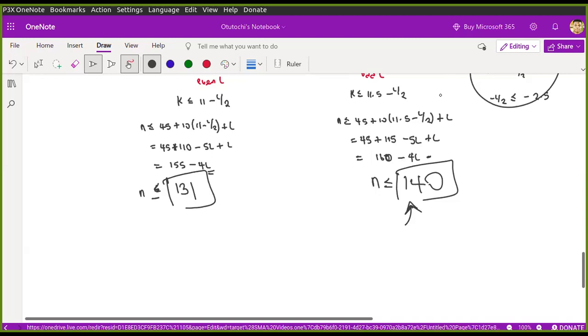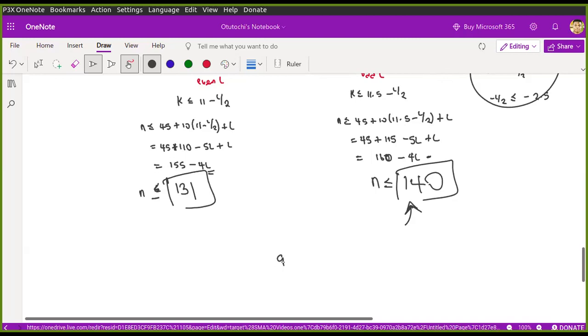So check when L is 5. When L is 5, minus L over 2 is minus 2.5, so K is equal to 11.5 minus 2.5, which is 9. So K is equal to 9, and we'll check the distribution that we did then.